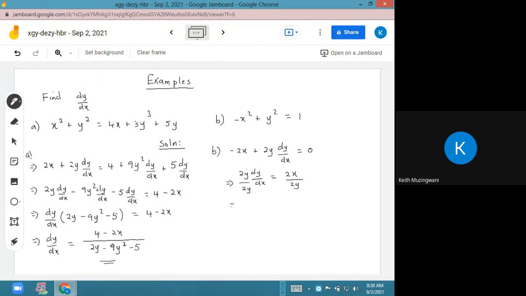So you get dy dx is equal to 2x over 2y, which is equal to x over y. Where did the negative go? Oh, we took it to the other side. Okay.